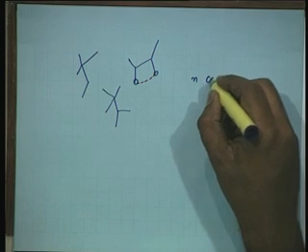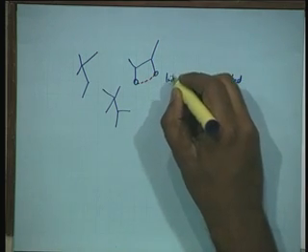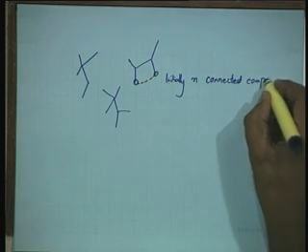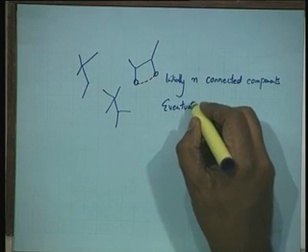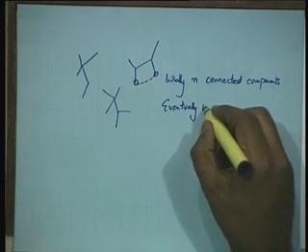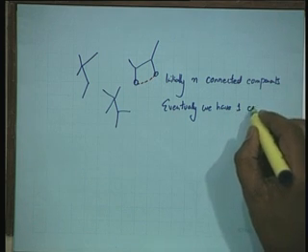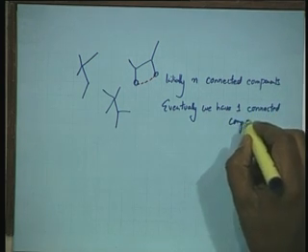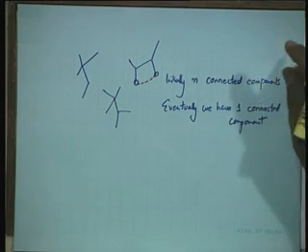Initially we started off with n connected components, and finally, how many connected components will we have? 1. This is how the algorithm proceeds.